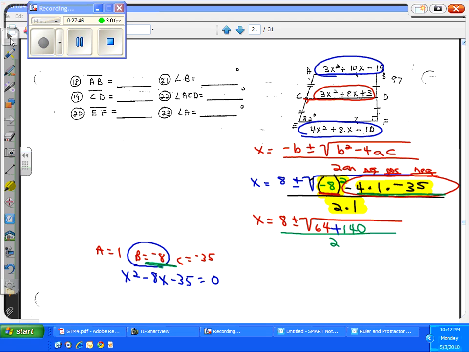We're now going to complete what's under the square root. And so we're going to have x is equal to 8 plus or minus the square root of 64 plus 140 is 204, all over 2.